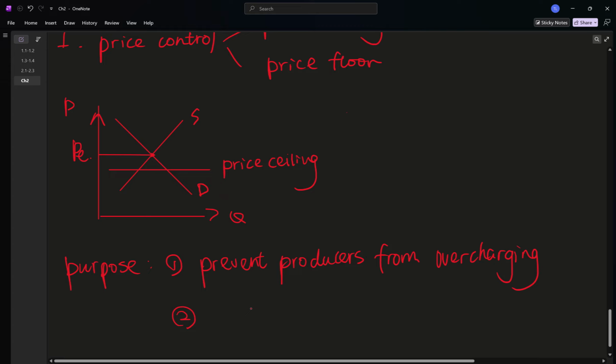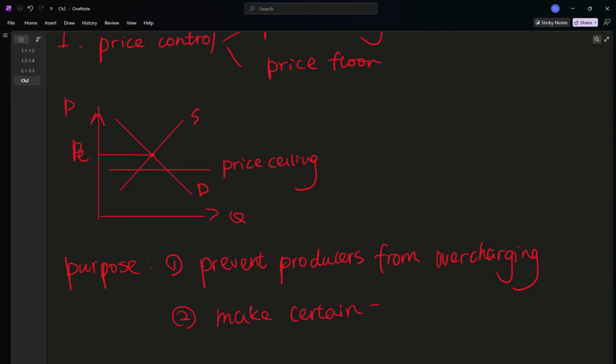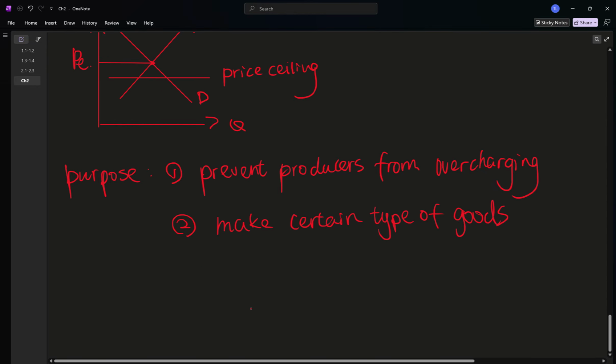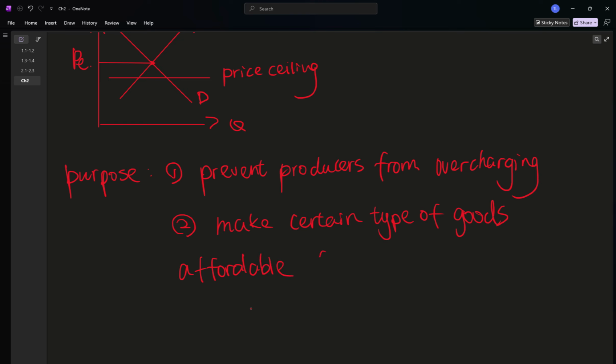The second thing is to make certain types of goods affordable for low income people. Why?